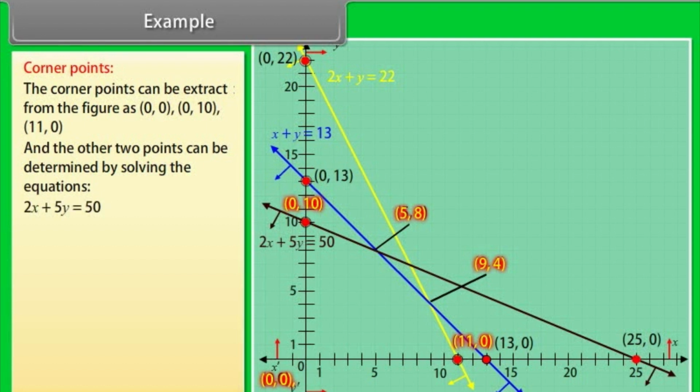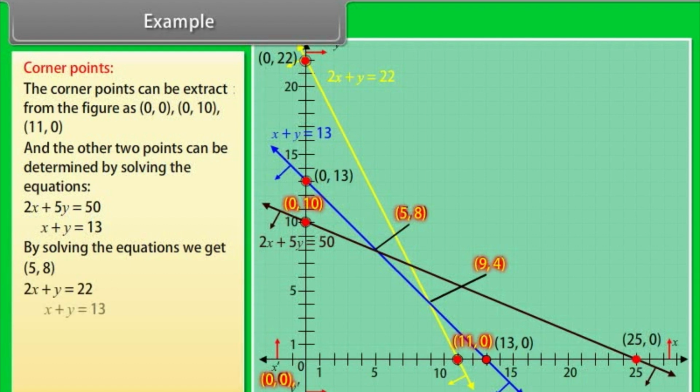2x plus 5y is equal to 50, x plus y is equal to 13. By solving the equations, we get 5, 8. 2x plus y is equal to 22, x plus y is equal to 13. By solving the equations, we get 9, 4.